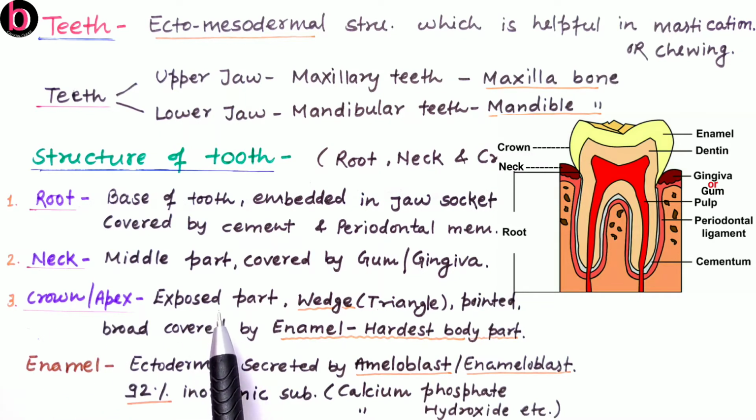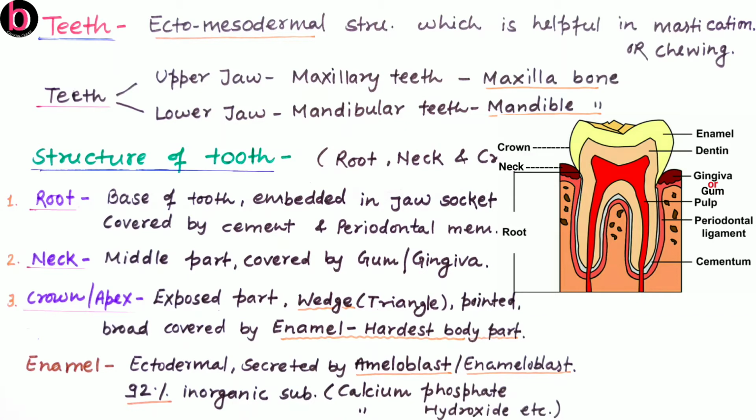This is the exposed part, and it may be wedge shaped, meaning triangular, may be pointed or may be broad. This portion is covered by enamel, and enamel is the hardest substance found in the animal body, meaning it is harder than any bone present in our body.